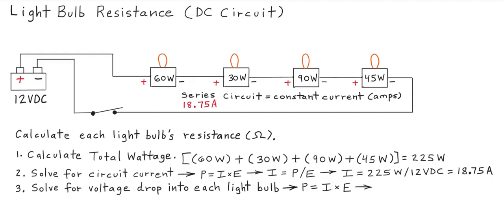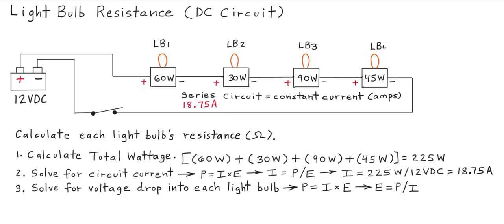But instead, this time we're going to solve for the voltage. So we have then the power in watts at each light bulb divided into the current at each light bulb, but because the current is constant, we can just repeat the 18.75 amps at each light bulb.